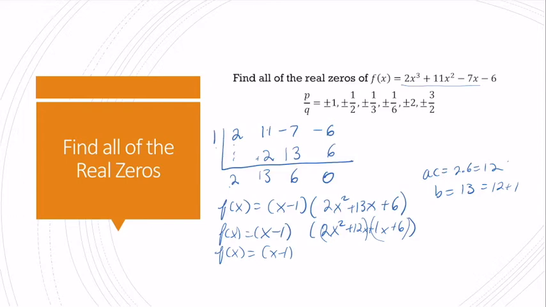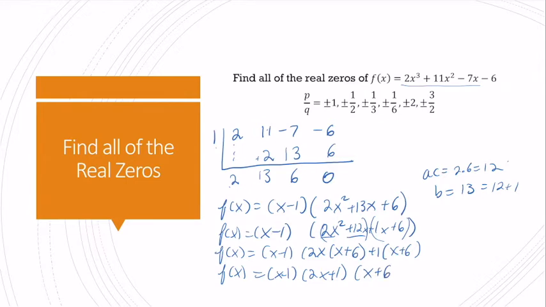Factoring by grouping, I have f of x equals x minus 1. The greatest common factor of 2x squared and 12x is 2x, and that becomes then x plus 6. The greatest common factor of 1x and 6 is just 1. So my polynomial fully factored is x minus 1, 2x plus 1, and x plus 6.